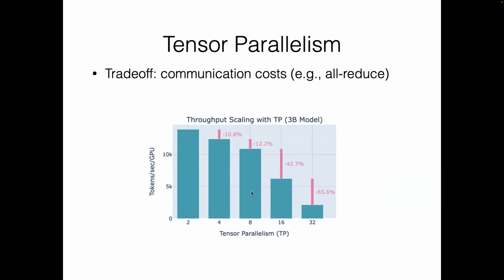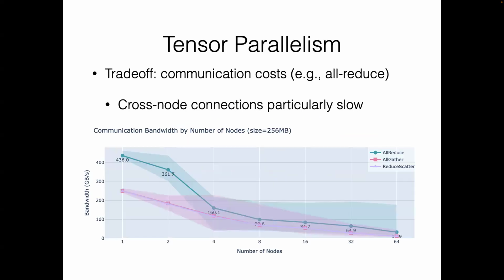So again, sometimes you have to use a technique like this to fit on one GPU, but you're going to start incurring these communication costs. And then it turns out that the cross-node connections are particularly slow. So people typically use tensor parallelism within a node, and then use other strategies for parallelizing outside of one node.